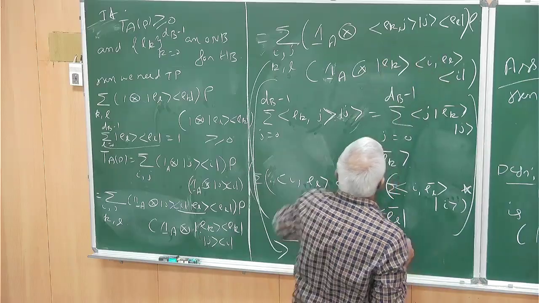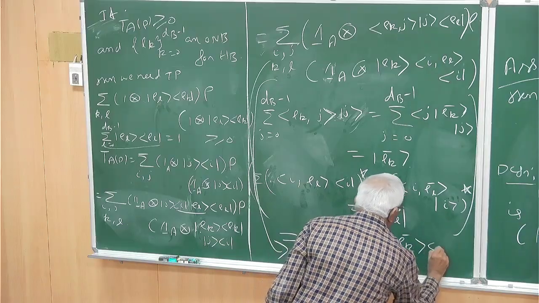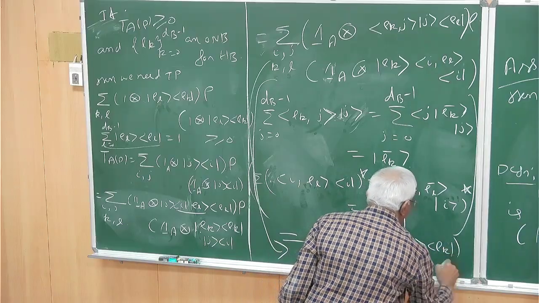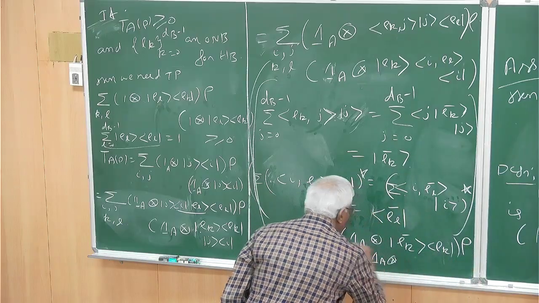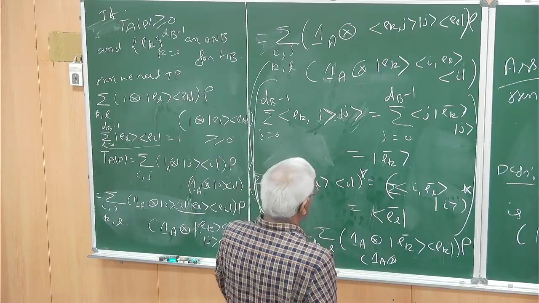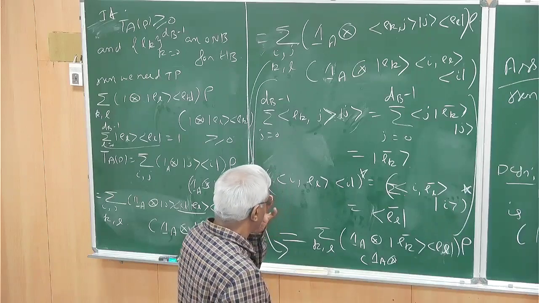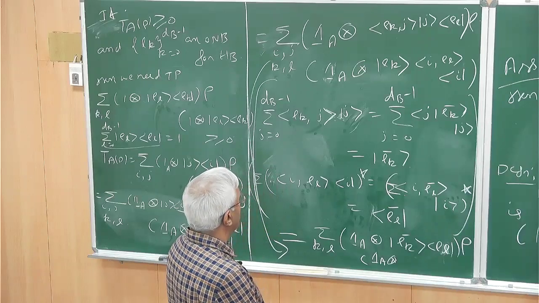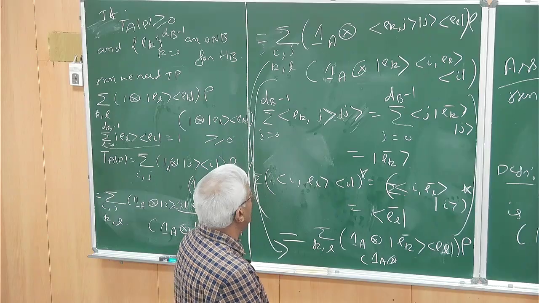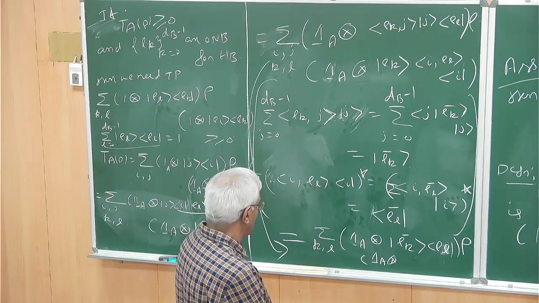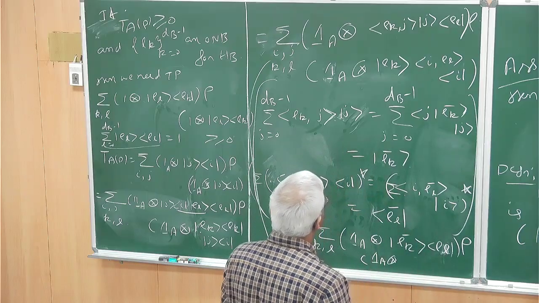So you get e_k bar, |e_k>, and then rho here, then the tensor, e_k bar, e_l, and there we have e_l, e_k bar.